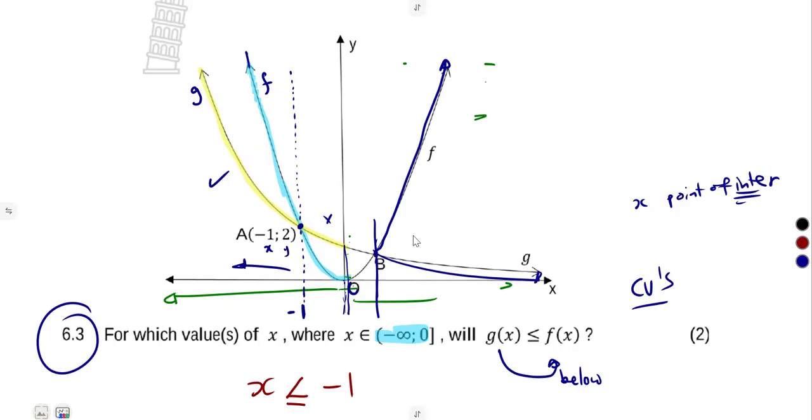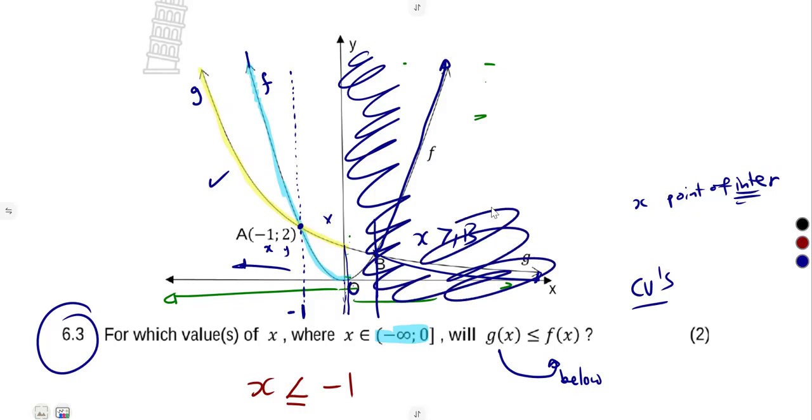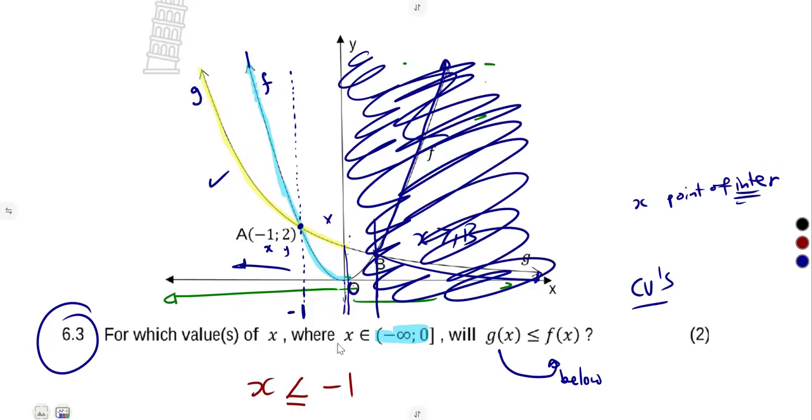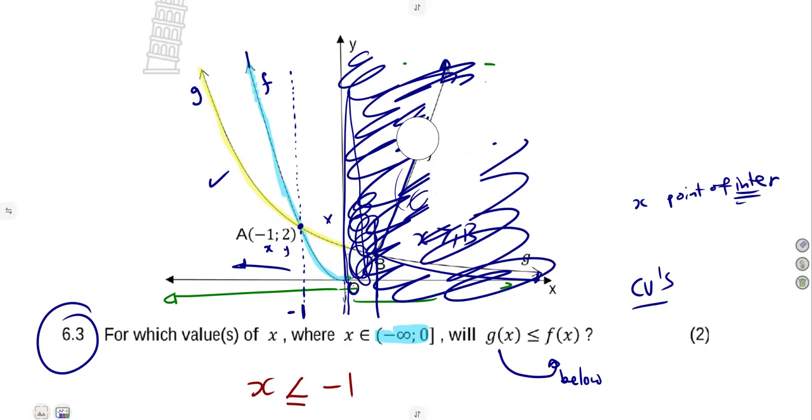From that x value, x greater than the value of x at B, it was going to be part of our solution. But because they said these values of x which are on this side are not to be taken, they mentioned it there. So we're not going to consider the right side of our functions. We're just going to consider the left side from -infinity to 0. That is how you answer these questions.